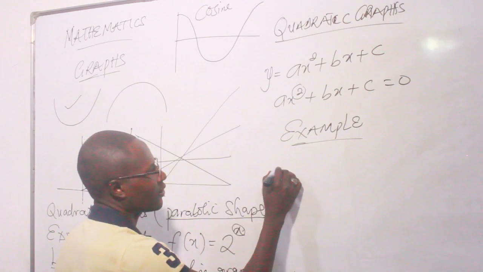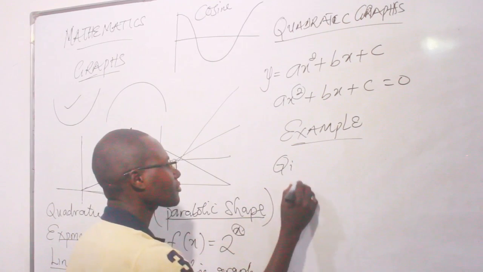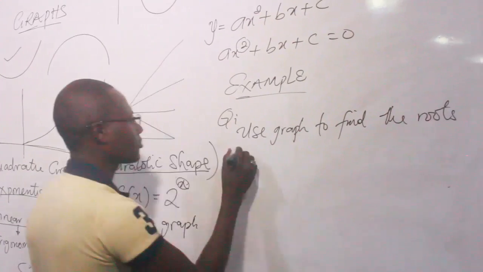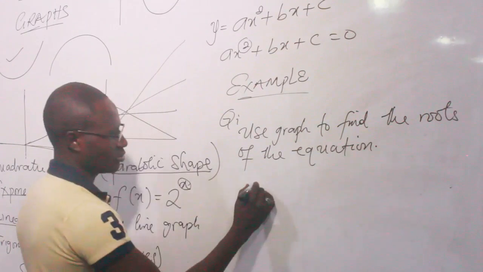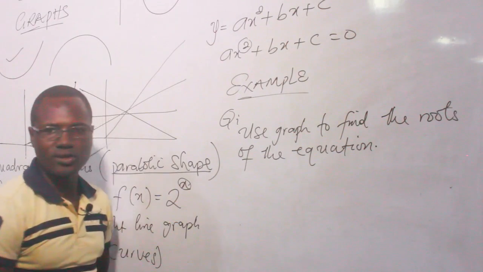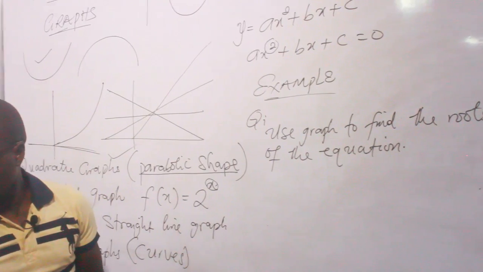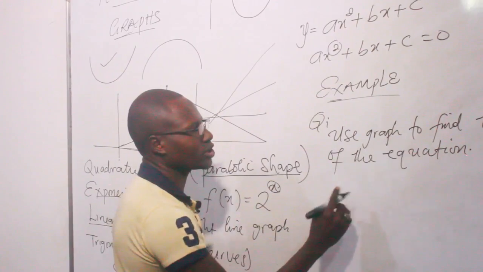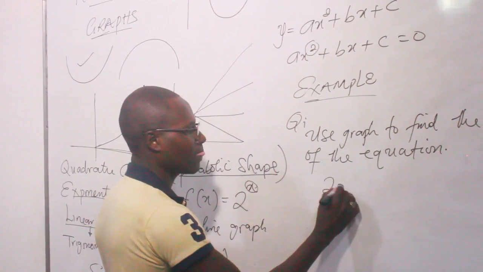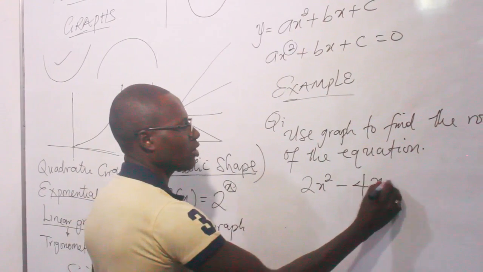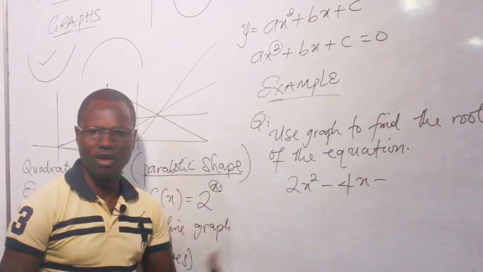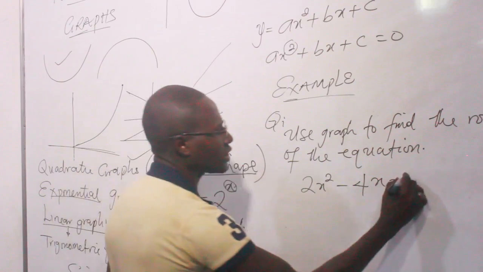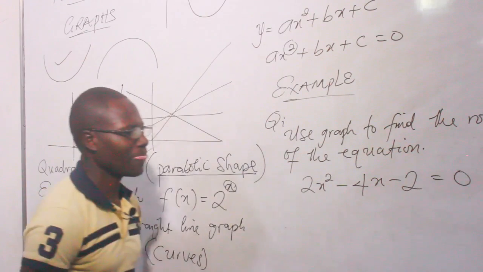The question reads thus. We are asked to use a graph to find the roots of the equation 2x squared minus 4x minus 2 equals 0.